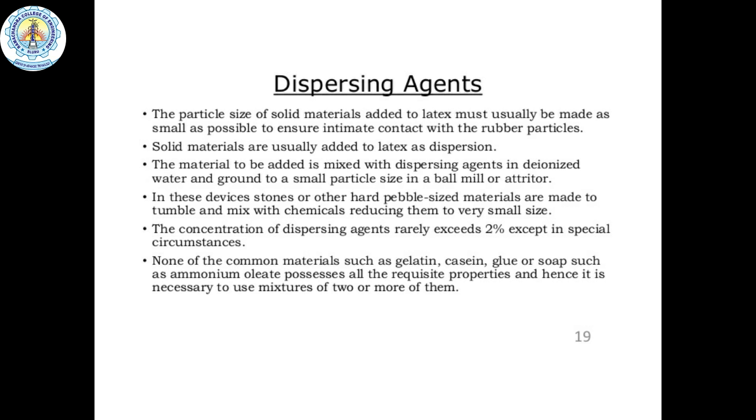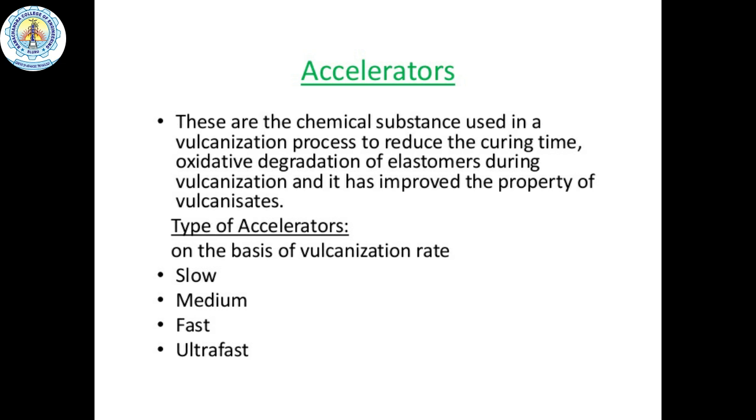In these devices, stones or other hard pebble-sized materials are made to tumble and mix with the chemicals, reducing them to very small size. The concentration of dispersing agents rarely exceeds 2% except in special circumstances. None of the common materials such as gelatin, casein, glue or soap such as ammonium oleate possesses all the required properties, and hence it is necessary to use mixtures of two or more of them.